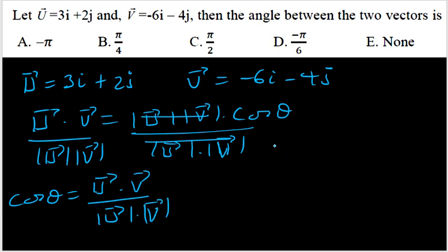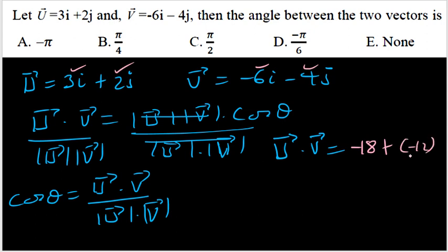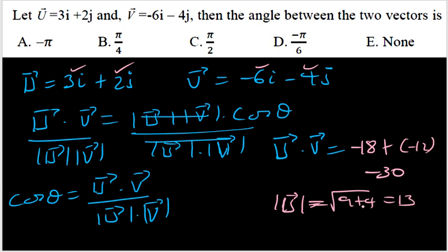But u dot v, we can simply get it by multiplying the corresponding components, x component with x component, that's negative 18, plus y component with y component, that's negative 12. When you add it, it will be negative 30. This is u dot v. And again, magnitude of u is the square root of 3 square plus 2 square, 9 plus 4, that is 13.